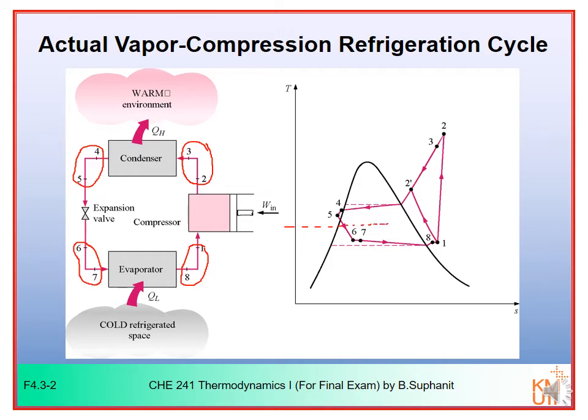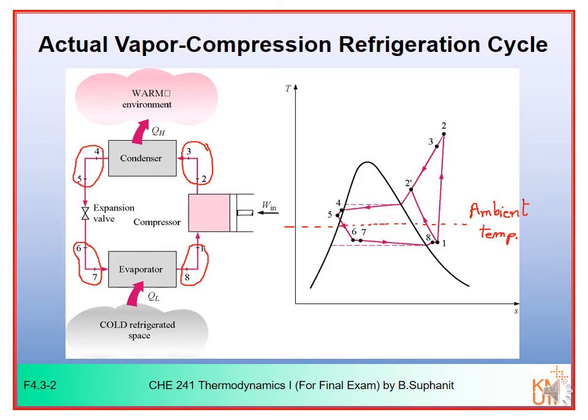Suppose that this is the ambient temperature level. On the other hand, the temperatures in line 6, 7 and 8, 1 are below ambient. Hence, there will be some heat transfer from the surrounding.